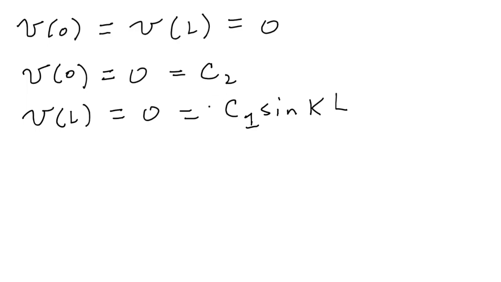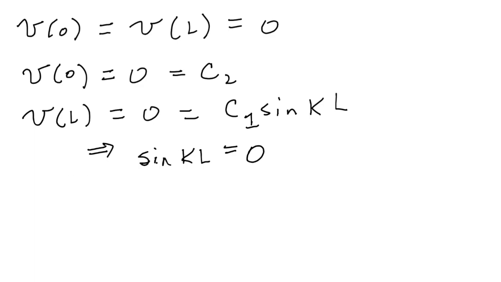That's called a trivial solution. So if C1 is not equal to 0, we need to understand something about when the sine function is equal to 0. So this implies that we have to find all the places where sine of KL is equal to 0.